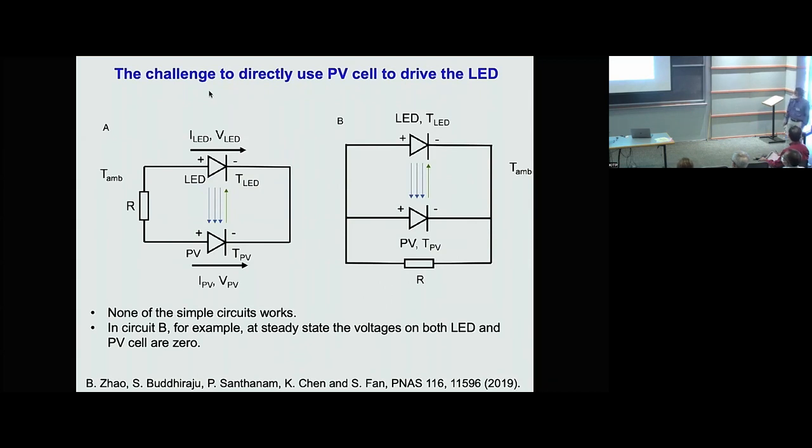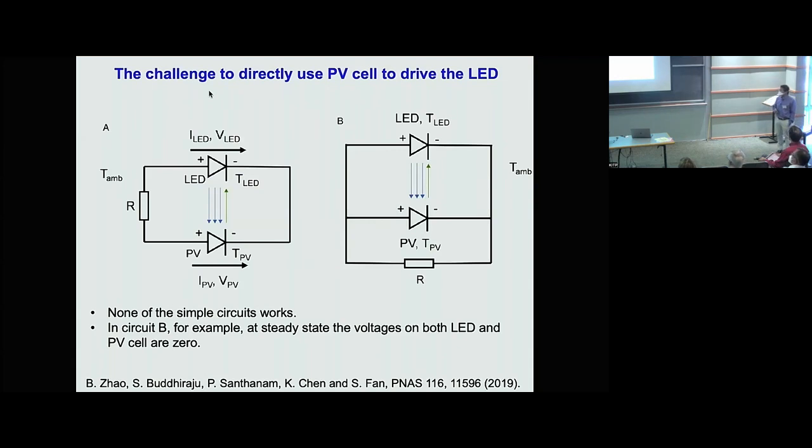And the simple argument is the following: if you look at circuit B, in the ideal scenario, every photon that comes out of the LED is driven by an electron-hole pair, and then that photon, when it comes to the photovoltaic, will also produce exactly one electron-hole pair. So as a result, the currents between these two are balanced out, and there's no extra current that you can extract from the system to drive a resistor. And you can give a far more general proof about this, even in the presence of non-radiative recombination.